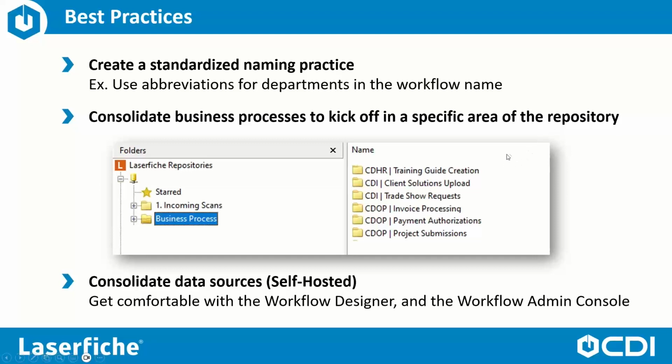So if you're building a forms process that calls a workflow, or you're using the API and it's pushing information into the repository and then workflows handling it from there, we recommend setting out a separate area in the repository for workflow to generate from. And so again, we've got our incoming scans folder internally, and then we have this business processes folder.